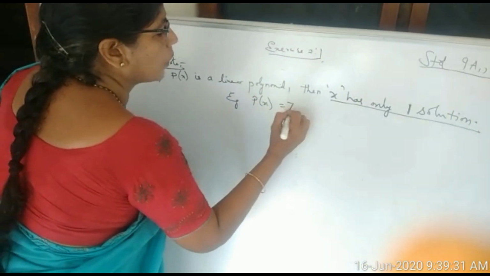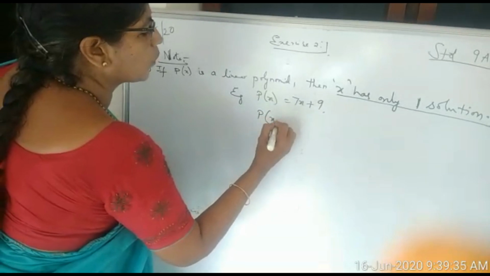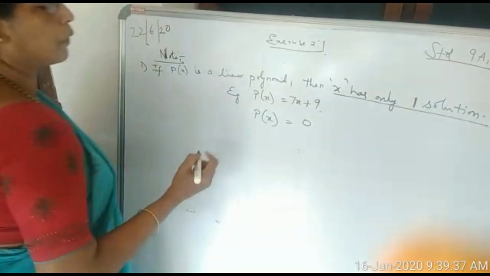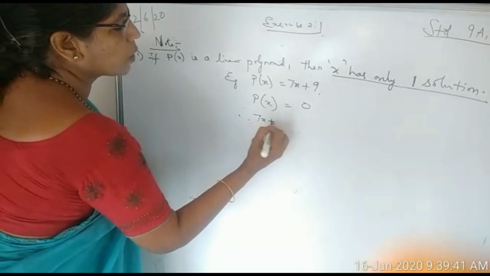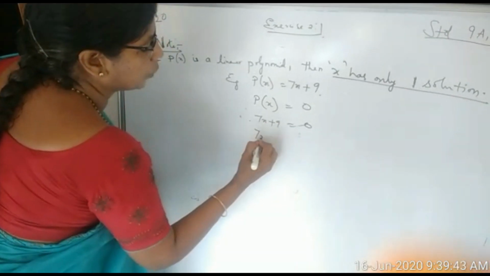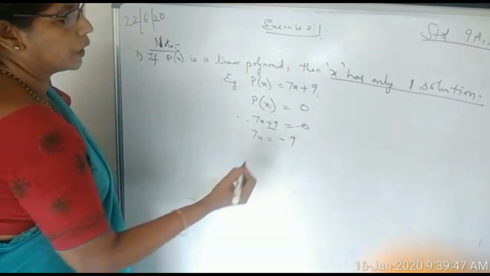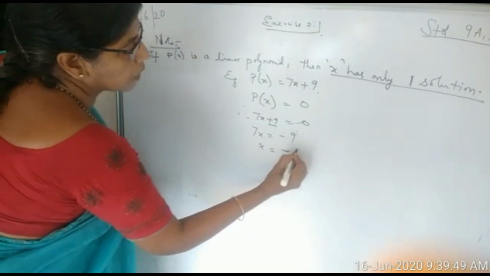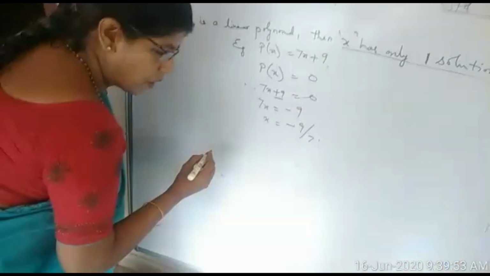P of x is equal to 7x plus 9. Zeros of the polynomial means P of x is equal to 0. Therefore, 7x plus 9 is equal to 0. 7x. What will happen to 9 when it goes to other side? Minus 9, which is equal to only one solution.